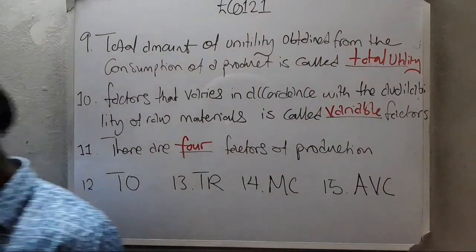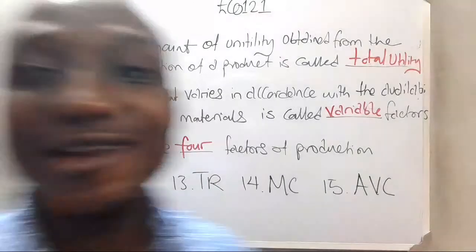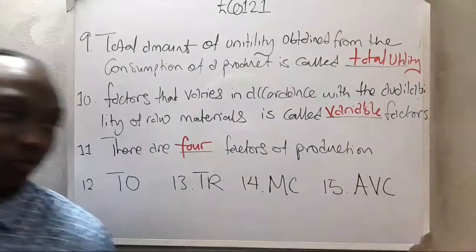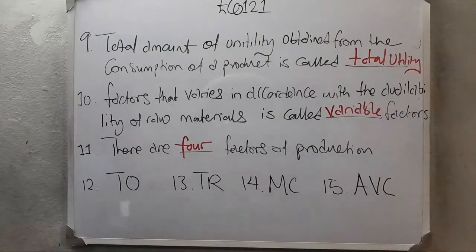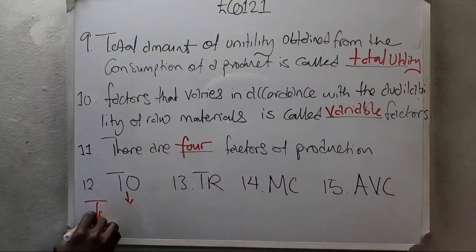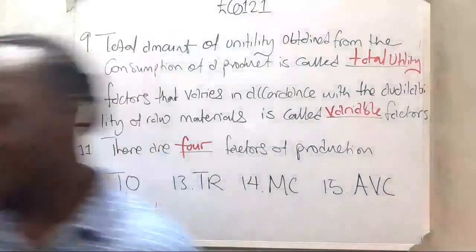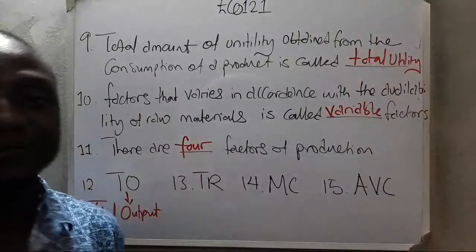Please let our answers start rolling in. We have TO. What does TO mean? Okay, total output. Very correct. What about TR? Total revenue.